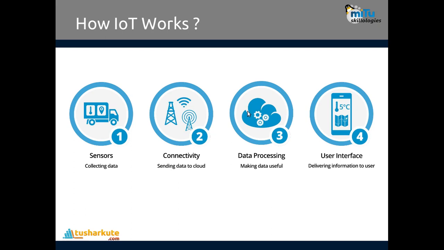Then we make a user interface by which you can see what exactly is happening inside the IoT system that we created. This interface can analyze, monitor, communicate, and control the IoT system easily. That's why this interface mechanism is also very important.